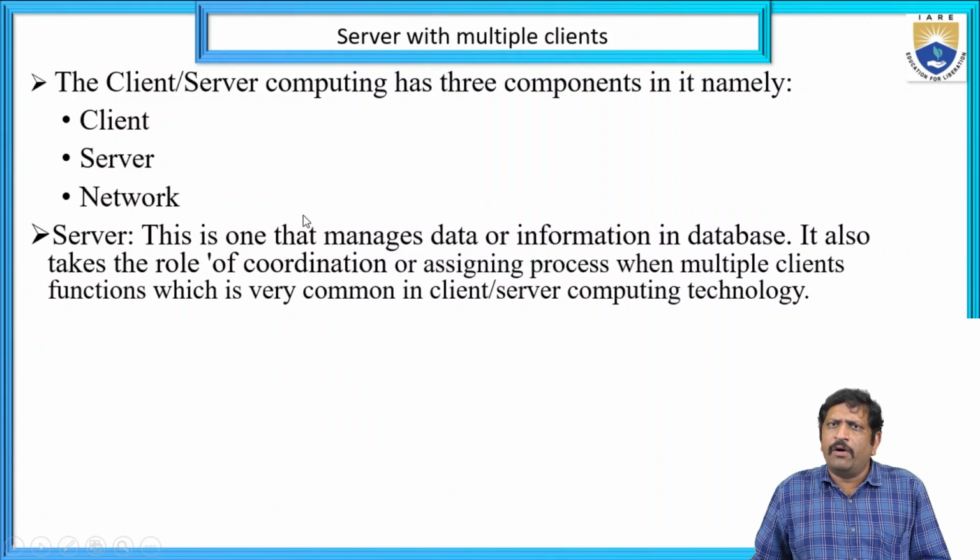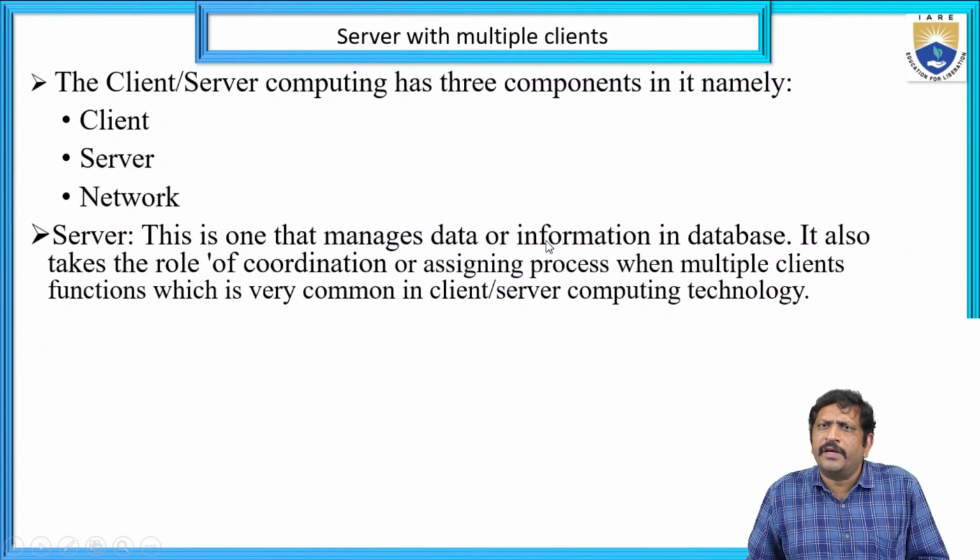If it is maintaining the data of a hospital, we call that server a hospital database server. It also takes the role of coordination or assigning the process when multiple clients function, which is very common in client server computing technology.